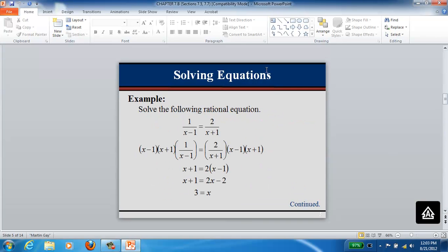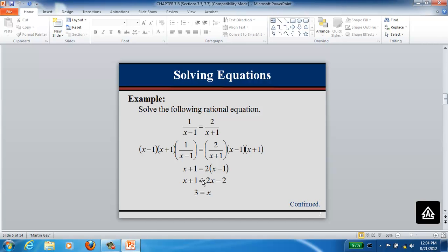Here's another example of solving rational equations. You multiply both sides by the least common denominator, which is both of them, x minus 1 times x plus 1. So you multiply the first term by that, canceling the x minus 1, which leaves you the x plus 1, equals 2 times x minus 1, because here the x plus 1 cancels.